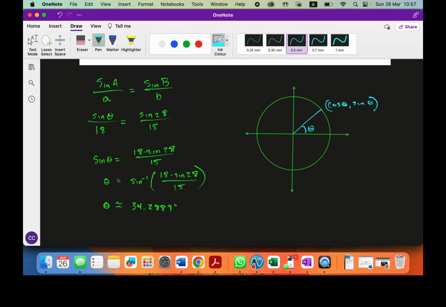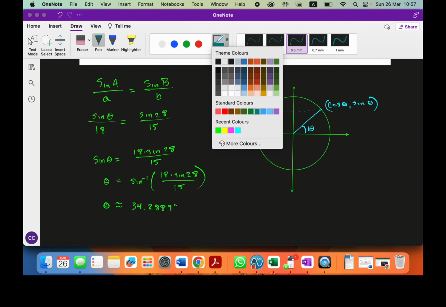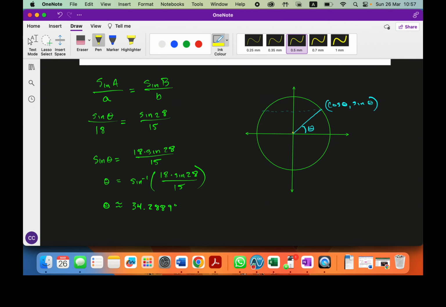But the deal is, because of the nature of the unit circle, when I come back across over here, there's another angle right here where the cosine theta is going to be negative and the sine theta is going to be the exact same.